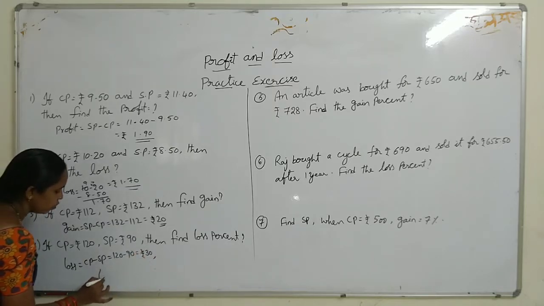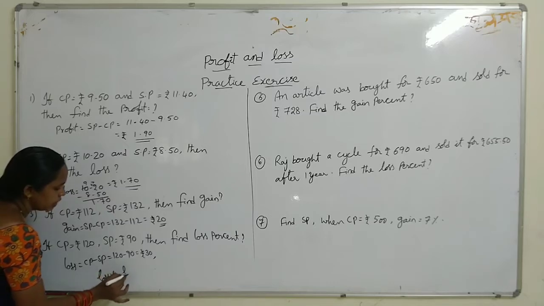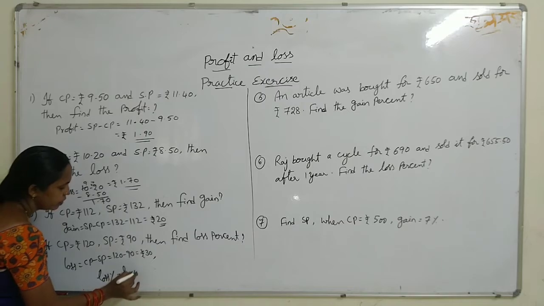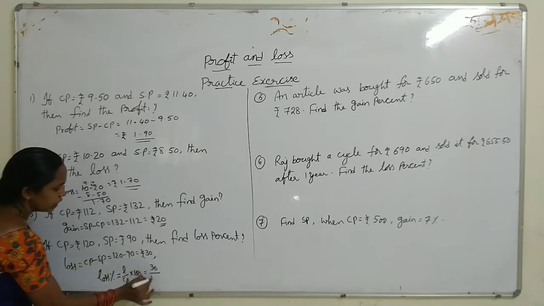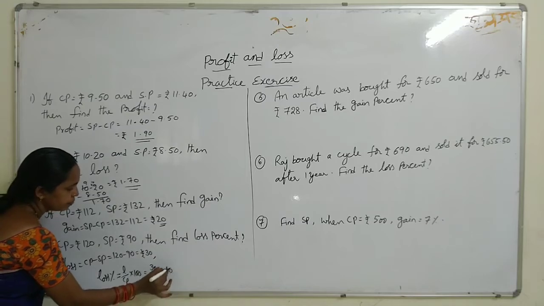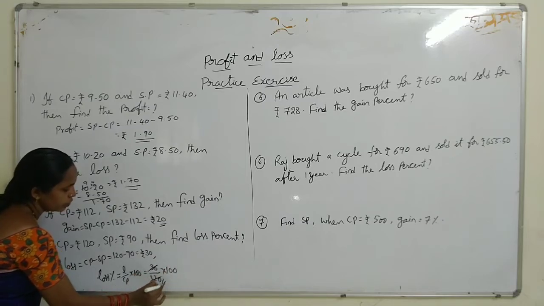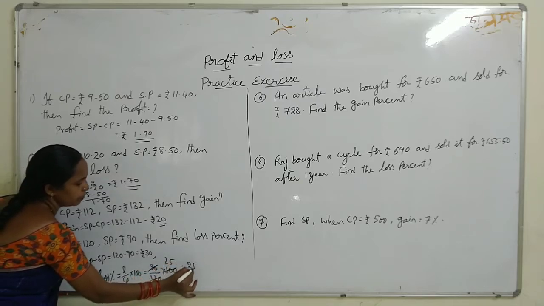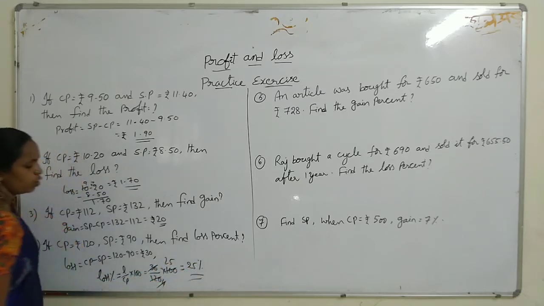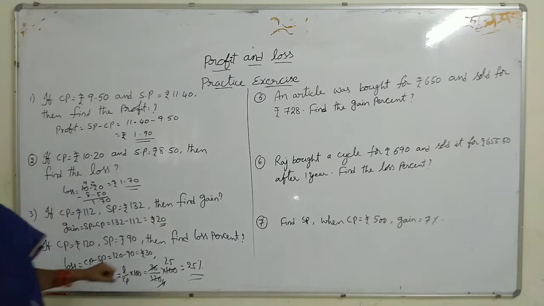Loss percentage equal to loss by CP into 100. So loss 30 rupees, CP value 120, into 100. 3 1s are 3, 12 divided by 4 is 3, 100 by 4 is 25, so 25%. So loss percentage is 25%.